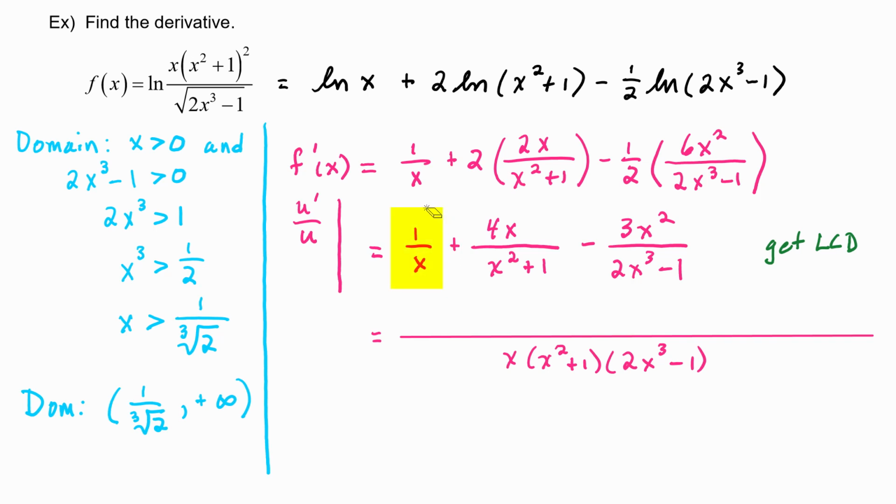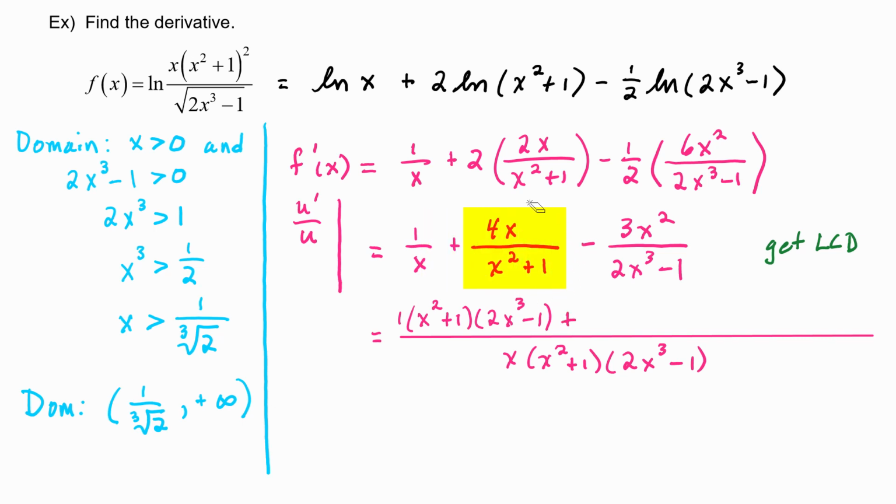Now this first rational expression is missing these two denominators, so we will have to take 1 times x squared plus 1 times 2x cubed minus 1. Then we bring down that plus sign.